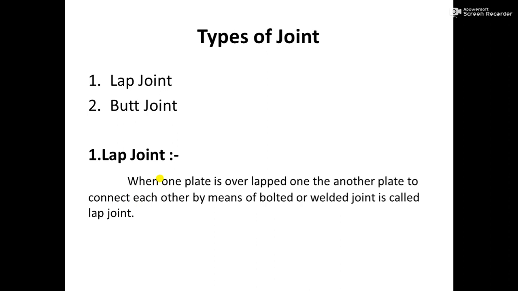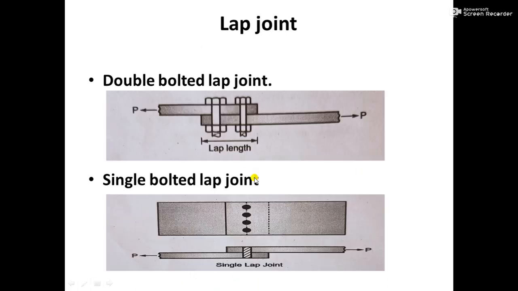You overlap these two notebooks over each other and then make a connection over it, that is a bolted connection, to fix these two plates. Such type of connection is known as lap connection or lap joint.